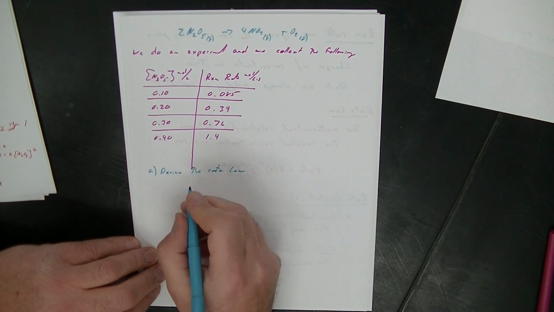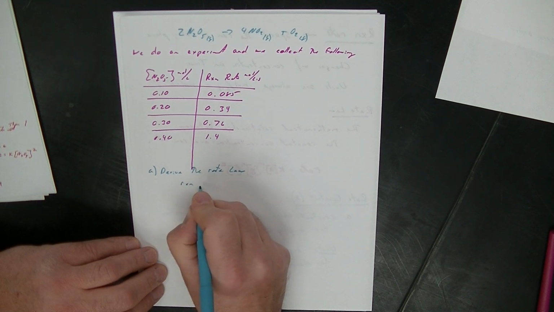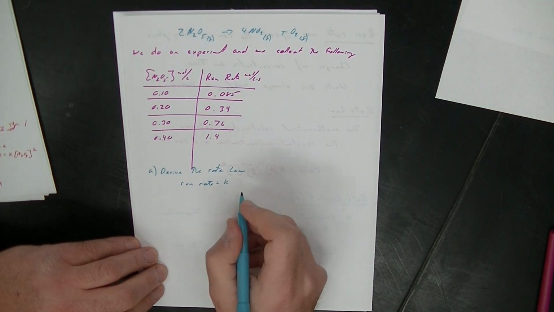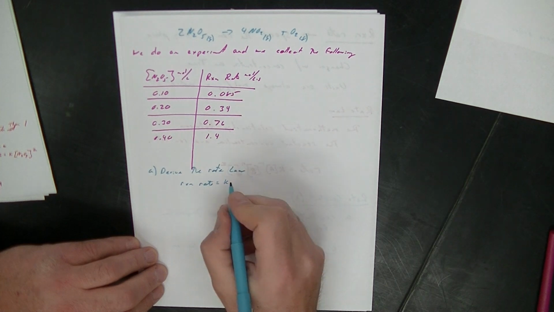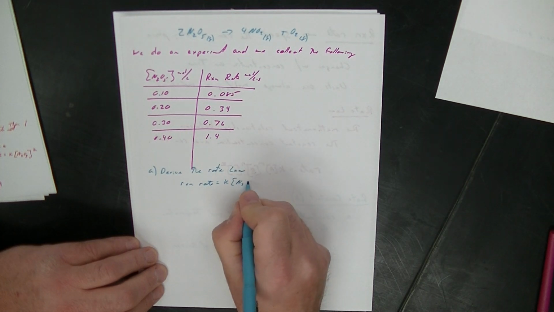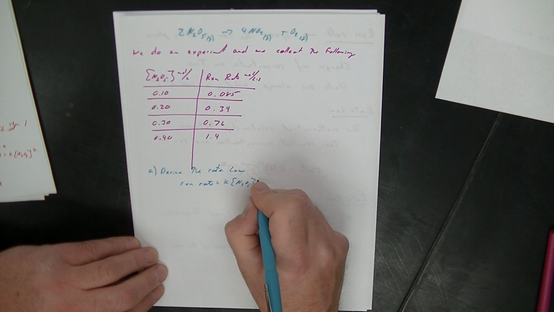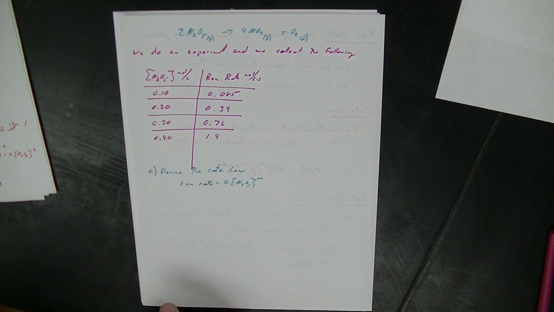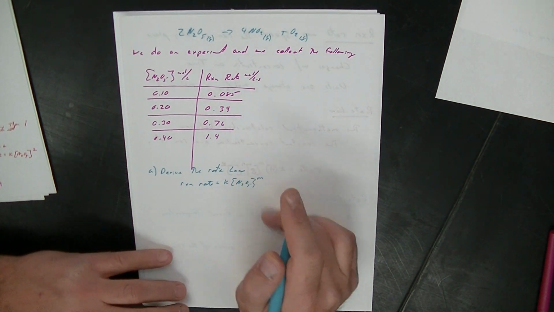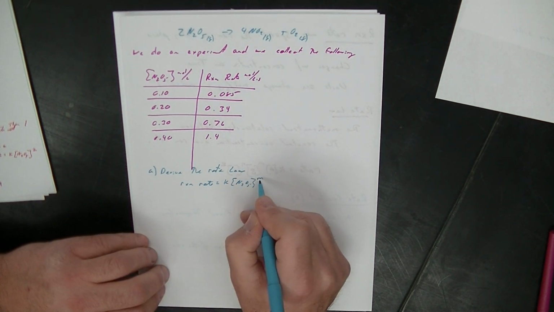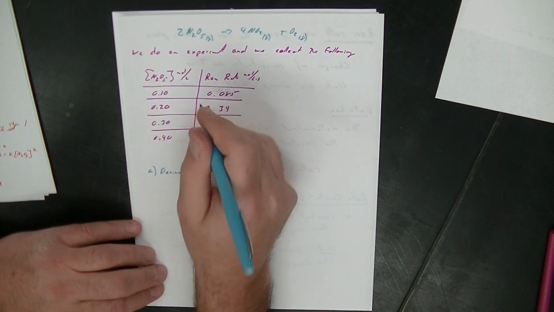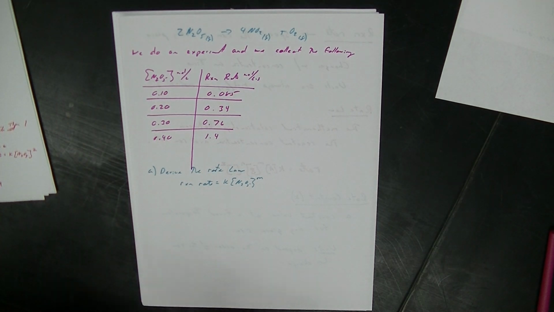So we start with reaction rate equals some constant K, and in this case we only have one reactant, so it's the concentration of N2O5 to some order M. Okay. We need to calculate M, right? That's part of the rate law. We need to know the order. So what we're going to do is we're going to use our data up here. So to calculate M, we're going to use the first two concentrations.